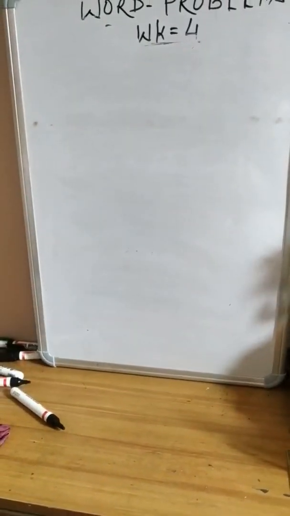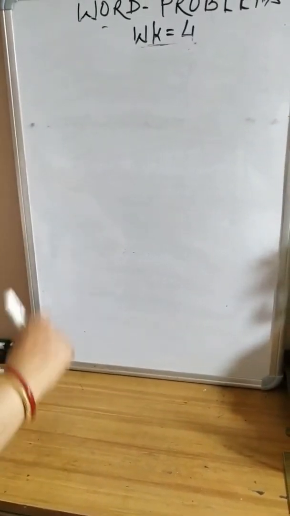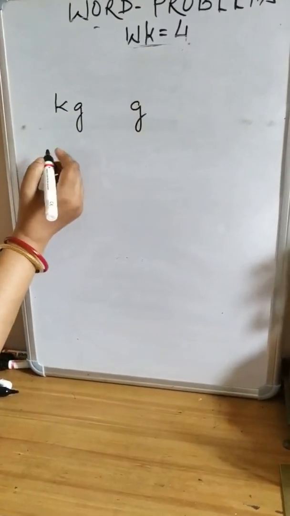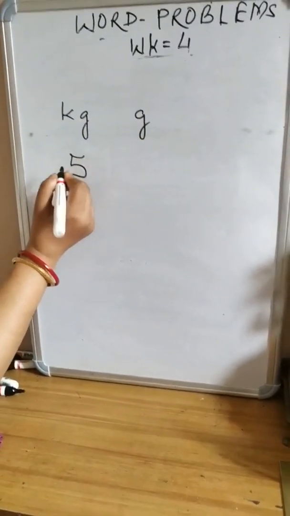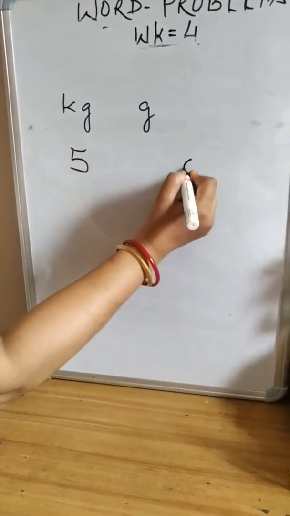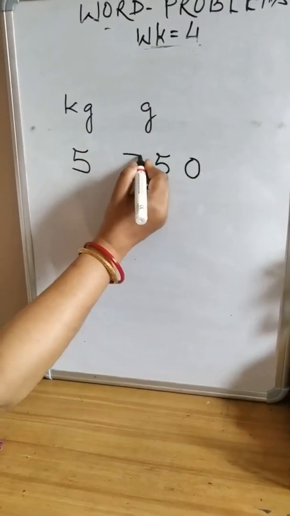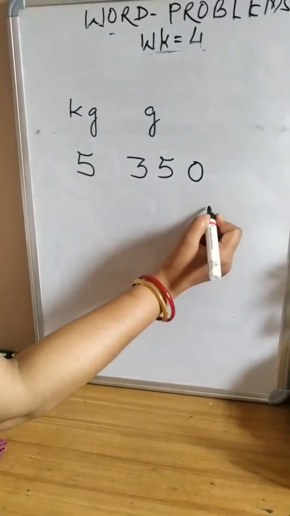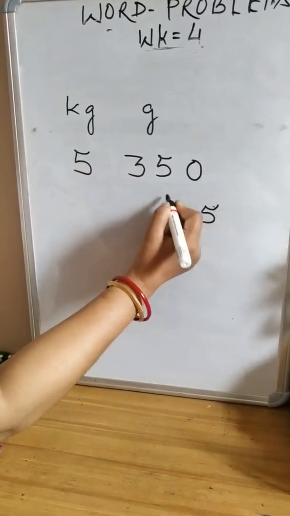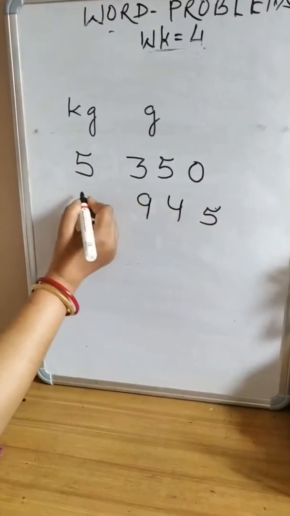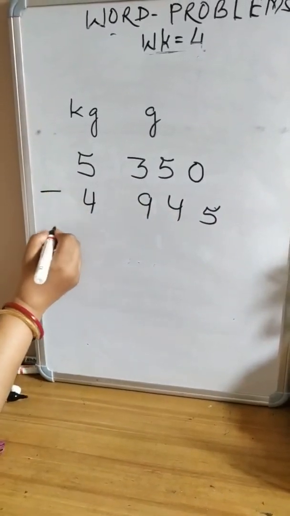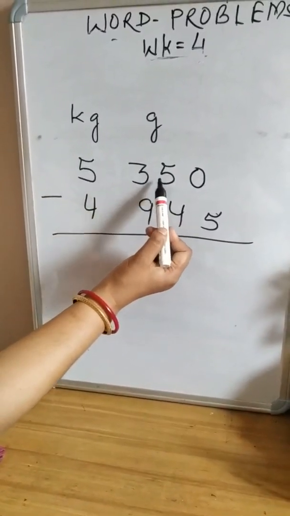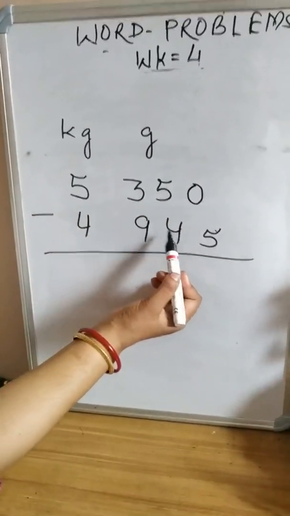Let us first make the columns kilogram and gram. The bigger weight, the heavier watermelon, 5 kilogram and 350 gram. Next one is 4 kilogram 945. So 5, 4, 9 and 4 kilogram. We have to find the difference.